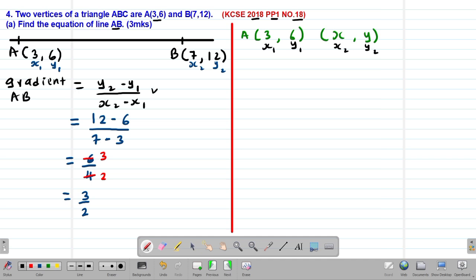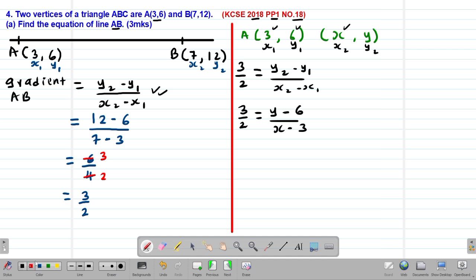The gradient is the change in y over the change in x, which is 3/2. So 3/2 is equal to y minus 6, divided by x minus 3.